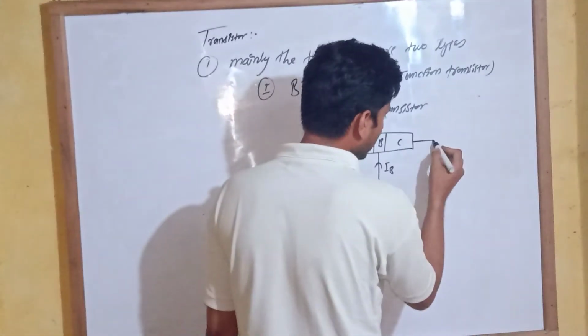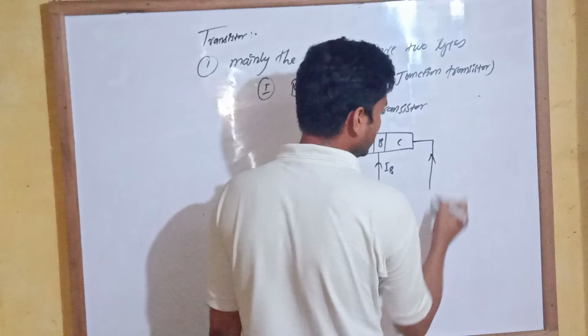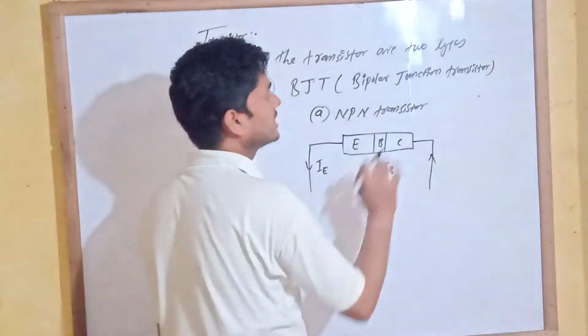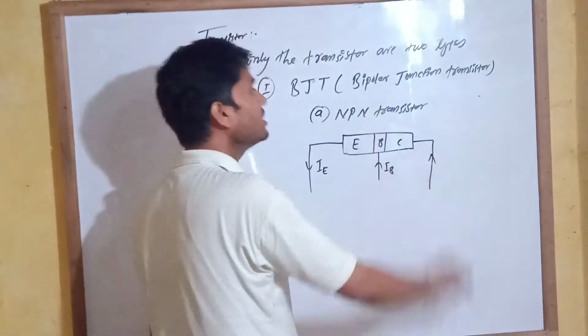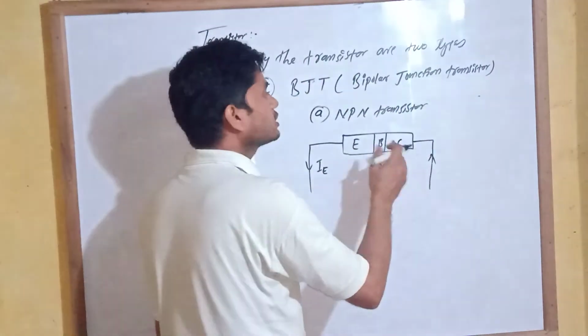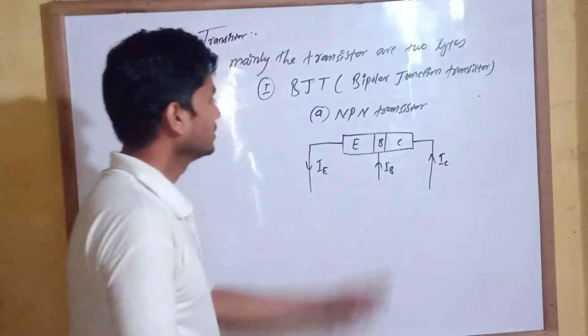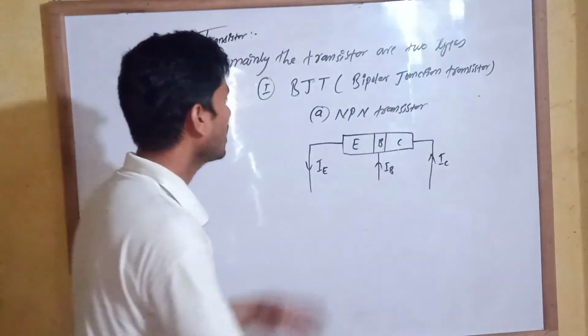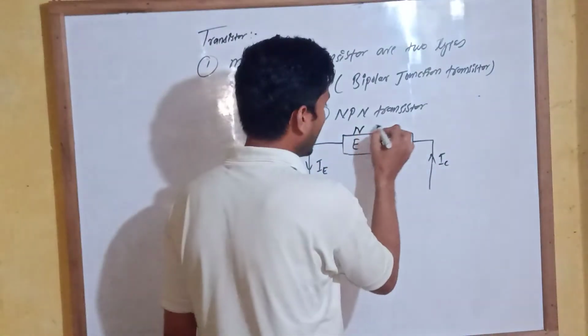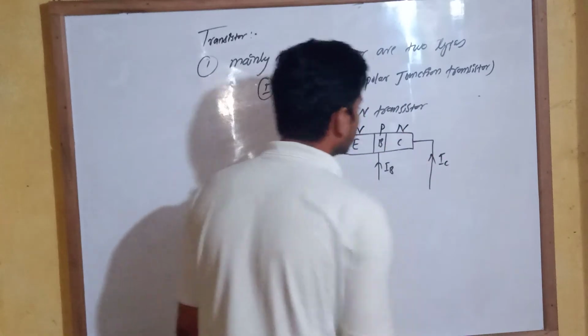Similarly, here the current is supplied. The key important point is that in this NPN transistor the current always flows through the collector. This is the collector portion, and this is known as the NPN transistor.